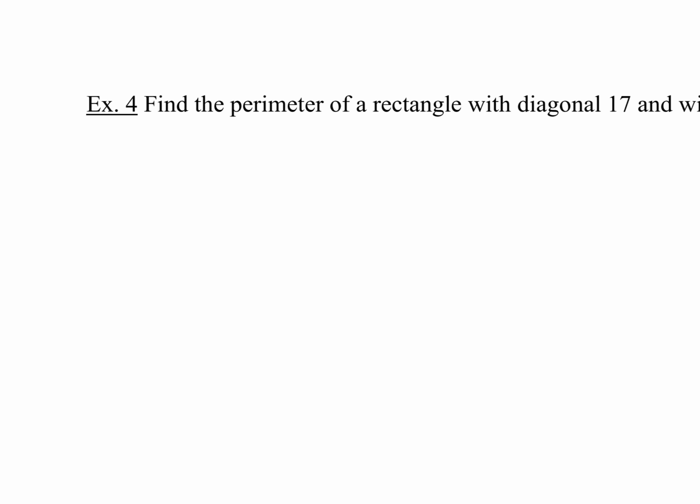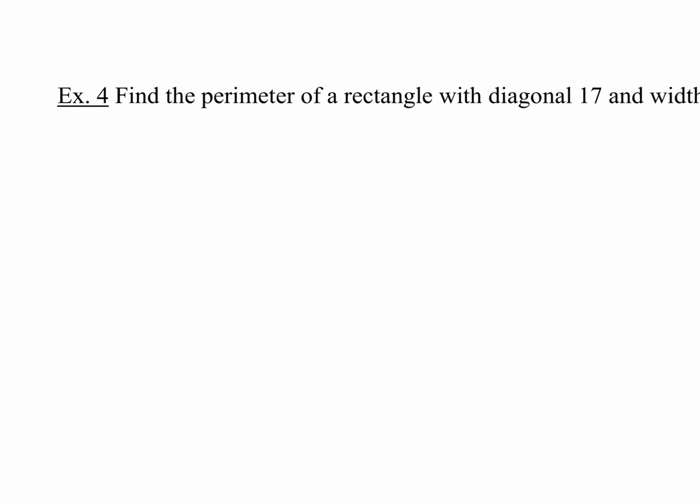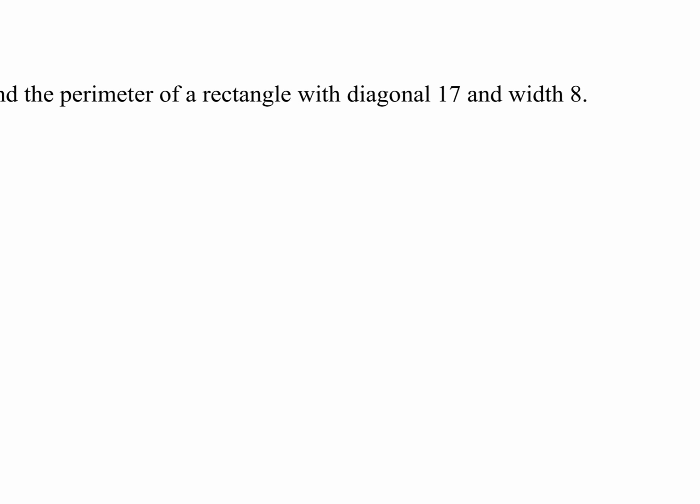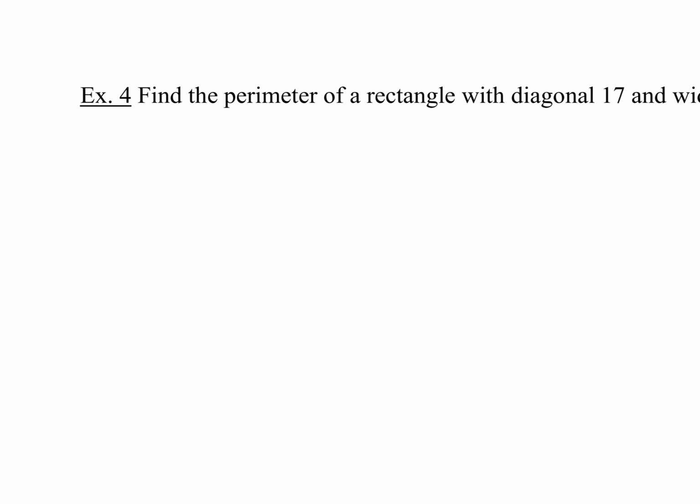Okay, in number 4, we have find the perimeter of a rectangle with a diagonal of 17 and a width of 8. Okay, once again, I'm going to start off with a picture here. It's a rectangle, so I'm just going to label a little bit about what we know.